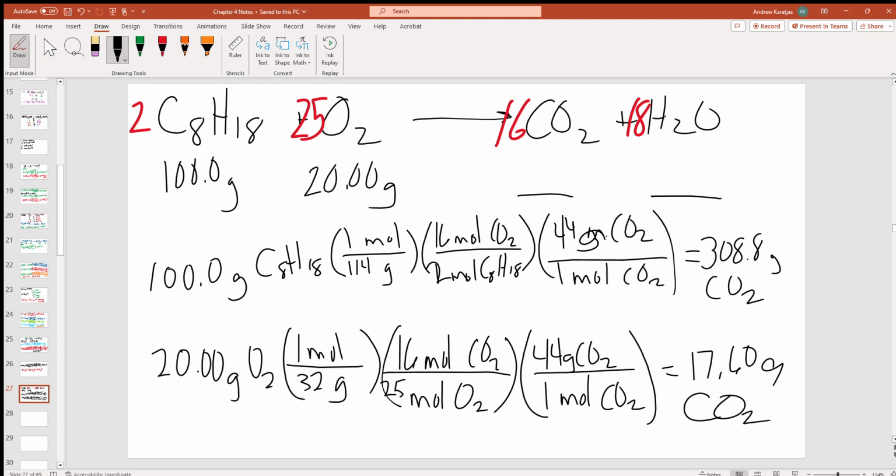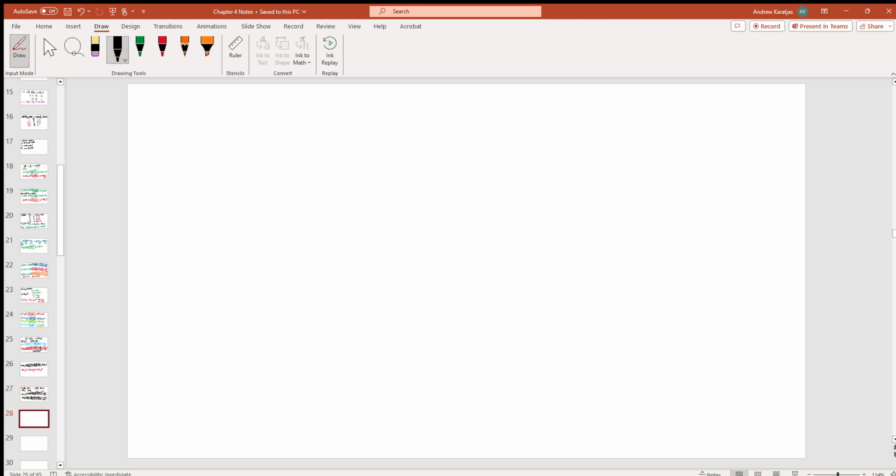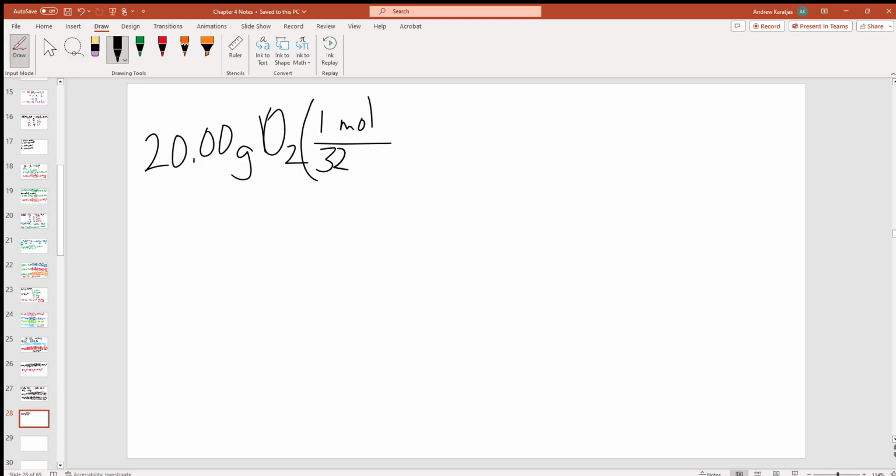Now, we can also, again, do the other half, which is to figure out the amount of water. That's going to be the same calculation we did at the bottom, except we're going to replace our terms that have carbon dioxide with water. So 20 grams of O2, 1 mole over 32 grams.